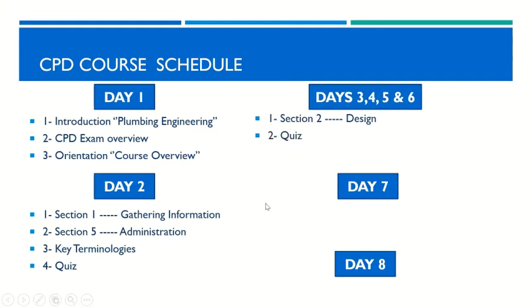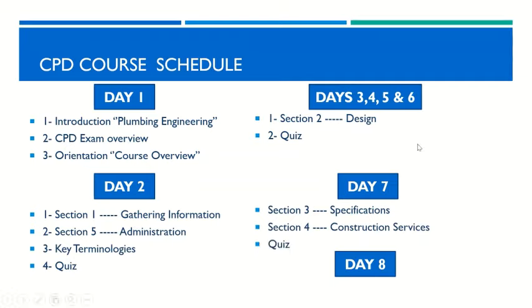In days 3, 4, 5, and 6, we'll take the core content of the course, which is design. In day 7, we'll take 2 sections, 3 and 4, specification and construction service, and the quiz. And in day 8, which is the last day, we'll take a general review, and you will also have an online exam together as a simulation for the actual exam.